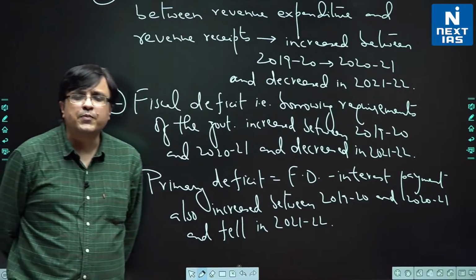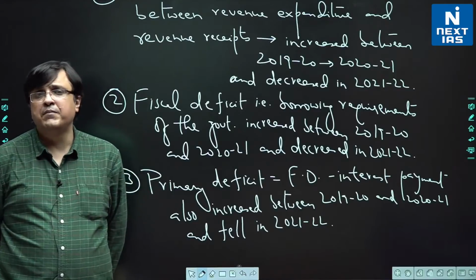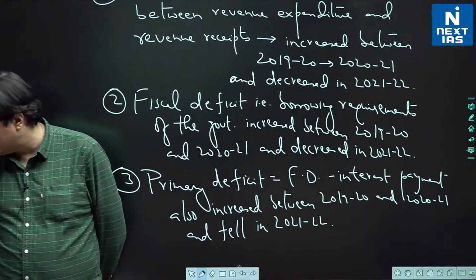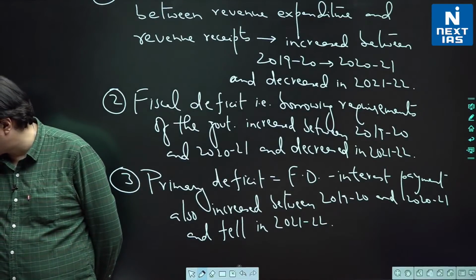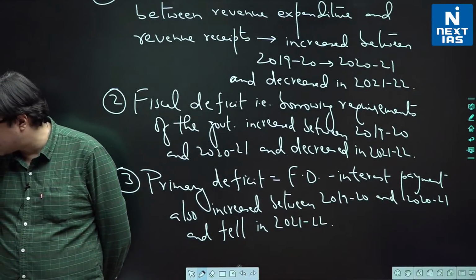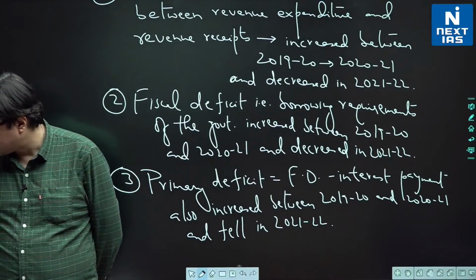So from the prelims point of view, the statement we learn is that all deficits show the same trend movement between 2019-20, 2020-21 and 21-22. That is the aspect.